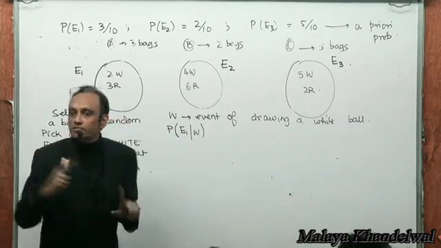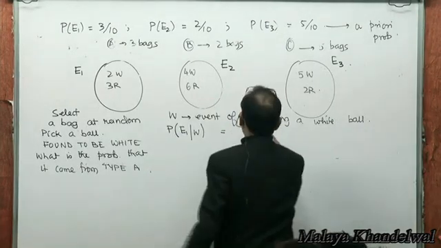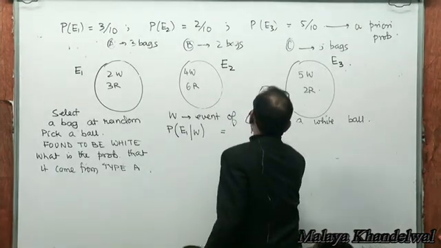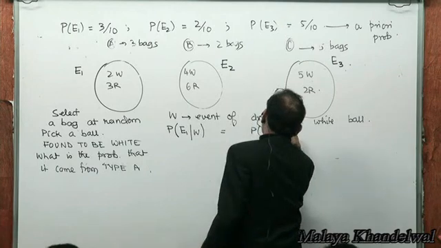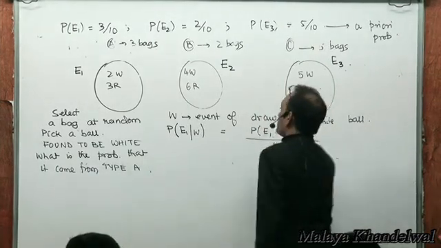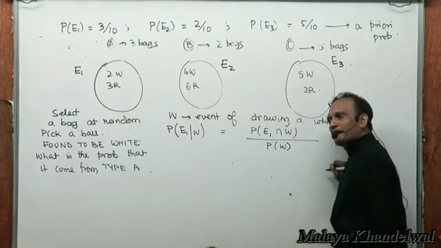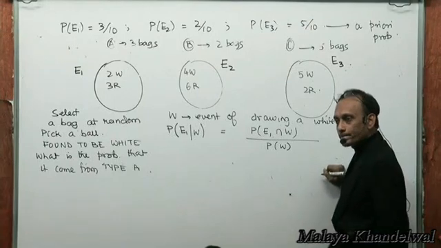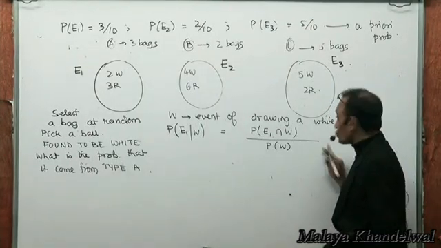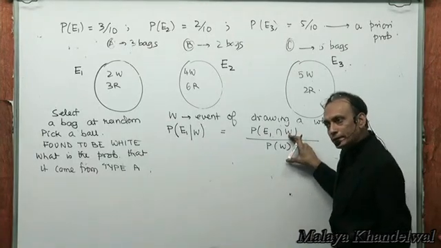From conditional probability that is going to be probability of E1 and white divided by the total probability of drawing a white ball, yes or no?